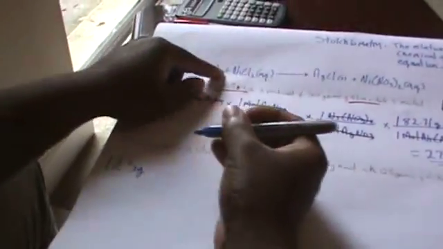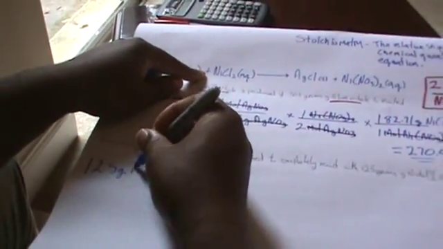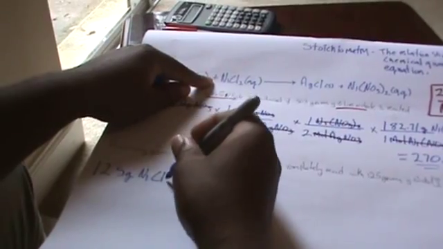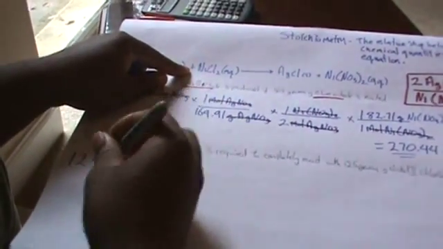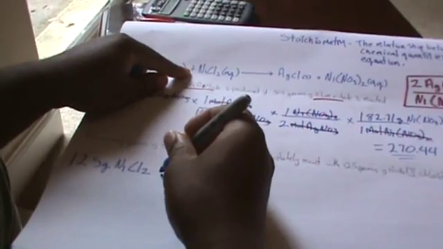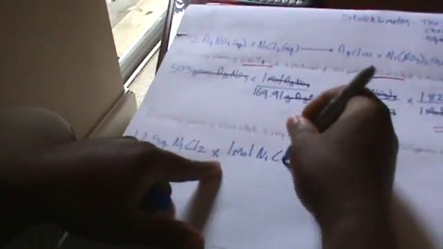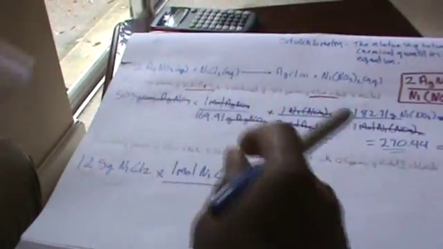So we have 125 grams of NiCl2, and this G is grams, I just shorthanded that. Likewise, we're going to go from a mole to gram conversion. If I have 1 mole of nickel chloride, then how many grams? So I'll bust out my calculator and my periodic table.